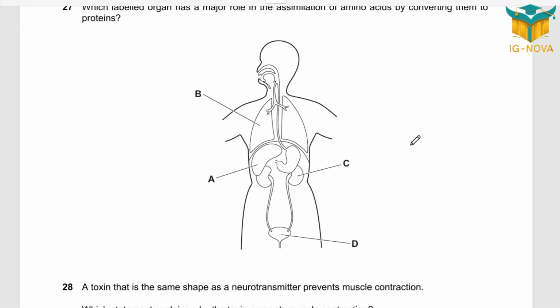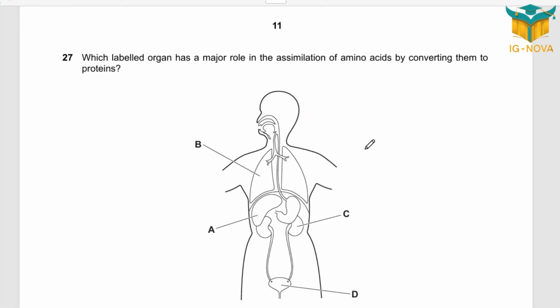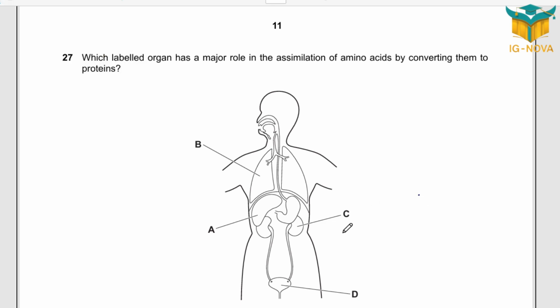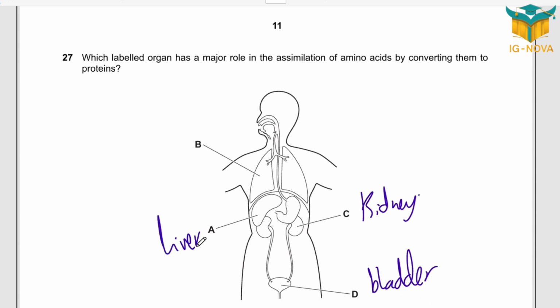Question 27. Which labeled organ? Again, I have to label every single structure whenever you have something like this. C is kidney, left kidney. D is bladder, not gallbladder. This is urinary bladder. A is liver. B, lungs.